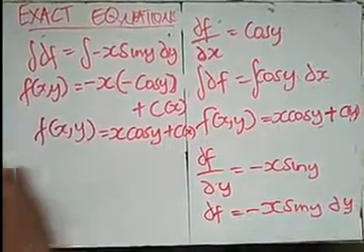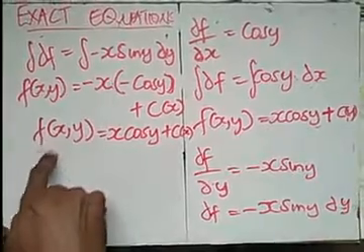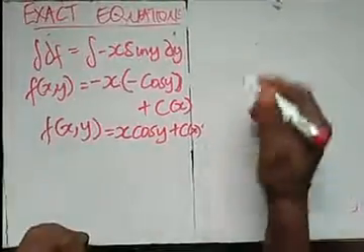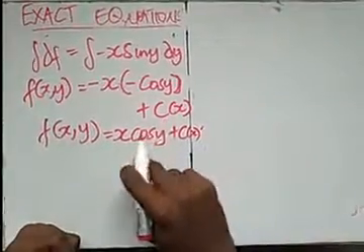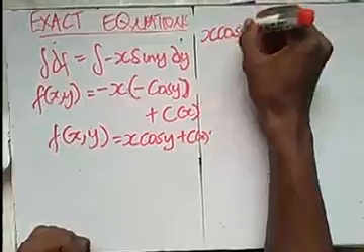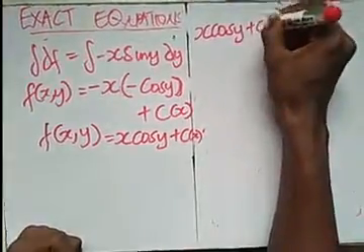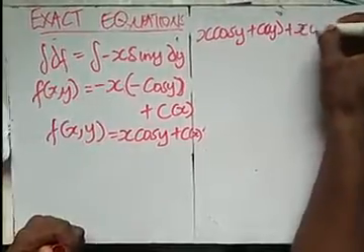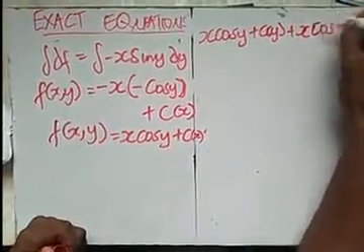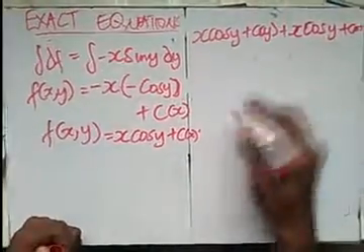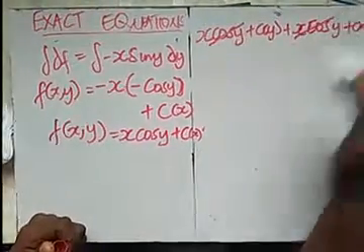So we compare the two answers, the answer for m and the answer for n, which is this one, and the first answer, which is x cos y plus c(y), plus this one, which is x cos y plus c(x). So we can easily cancel out the cos.